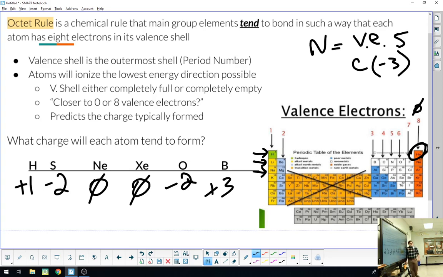It only has 2 valence electrons, but what charge does it like to form? It likes to form a 0 charge. Follow me there? If we try to think about it and we say helium has 8 electrons, hopefully in your gut that just feels weird because it only has 2 protons. So, like I said, there are those special cases. But are we good on the examples we did here?